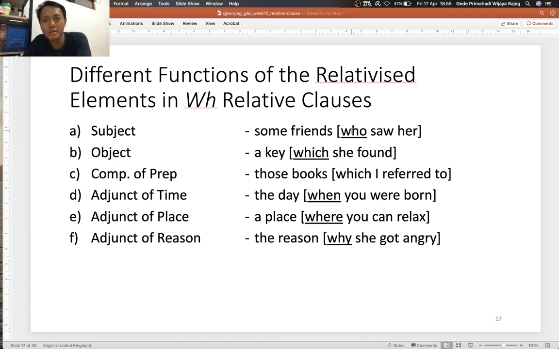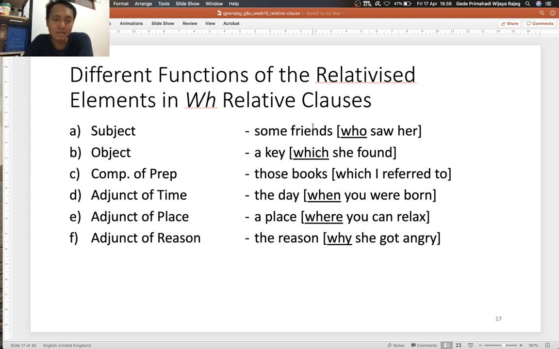Who here is a relativized element represented by the relative pronoun who, and it fills the subject function inside this clause. So who here is the subject of saw, but it is used to refer to some friends. In normal circumstances, you would say some friends saw her.